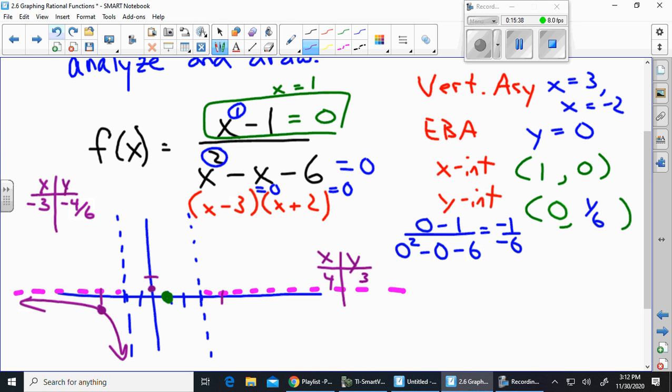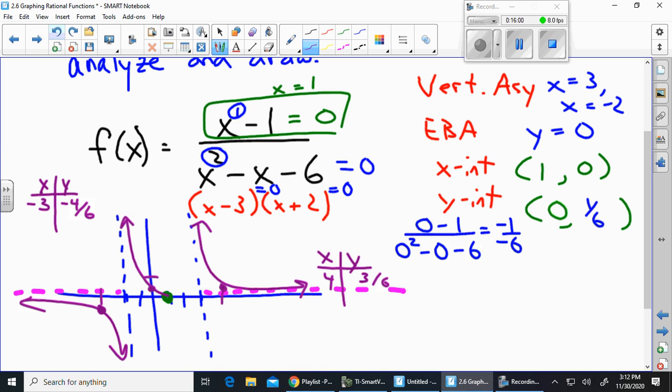If you put 4 in the bottom, 16 minus 4 is 12 minus 6 is 6. So you get 0.5. So that means it's got to be there. In the middle, this has to go that way because it can't cross through the x-axis anymore.